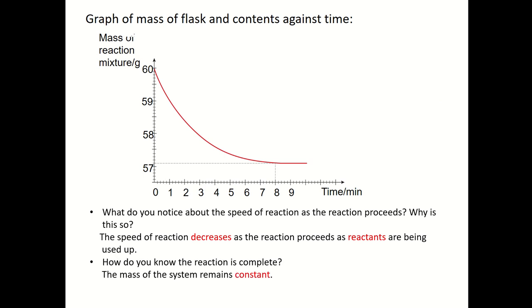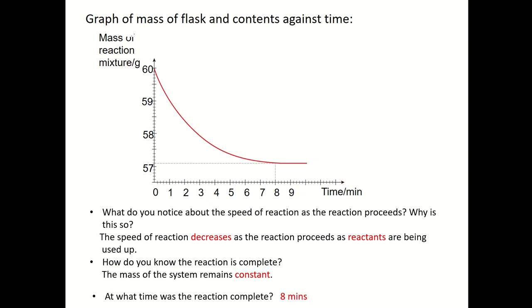So speed of reaction decreases as reaction proceeds, as reactants are being used up. And we know that reaction is completed when the graph is horizontal or has a zero gradient. This means that the mass of the system remains constant, and hence the mass loss is 0.